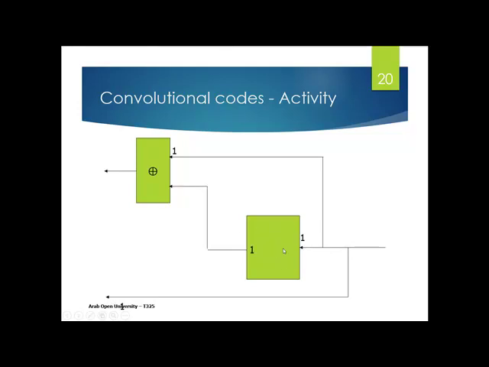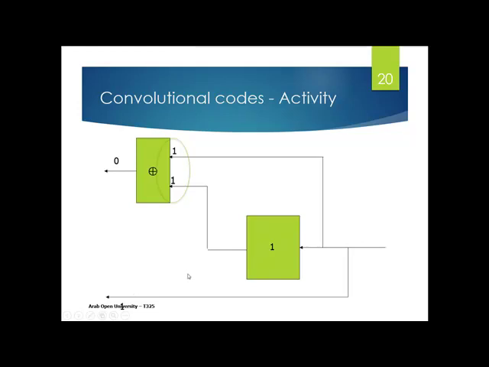So the 1 will be stored in the storage element, and the 1 that existed before will go to the input of the XOR gate. XORing these two values will give us a 0 as output, and the 1 will be stored in the storage element, and the output now is 0, 1.